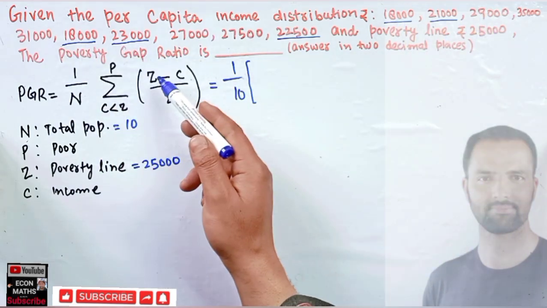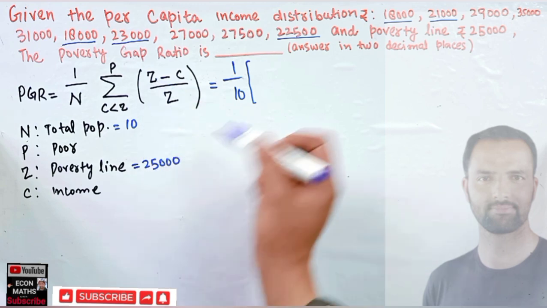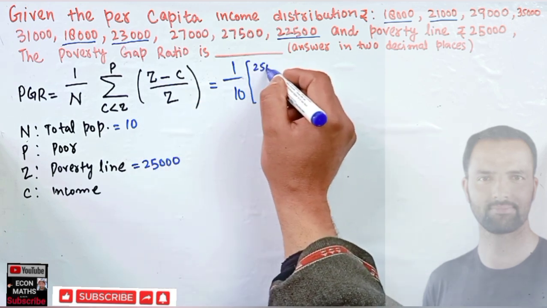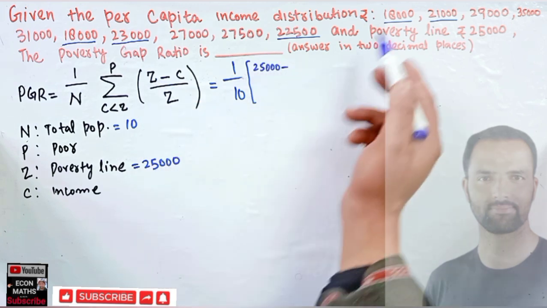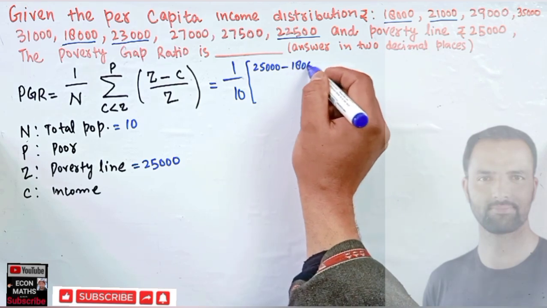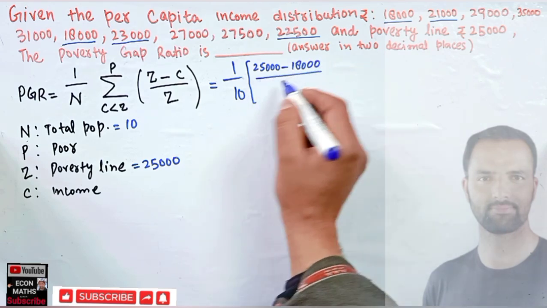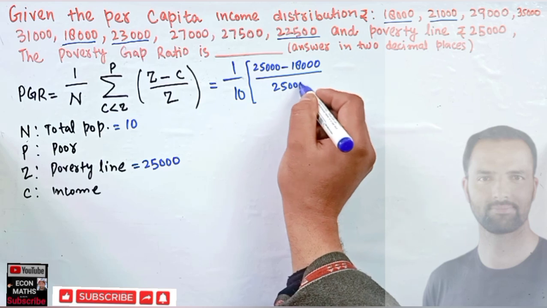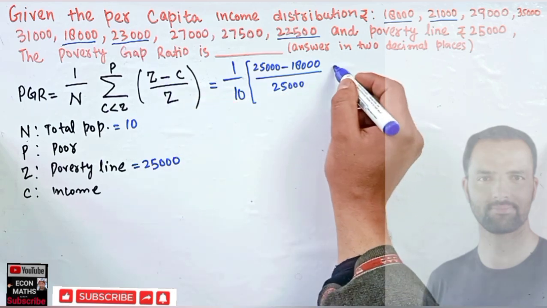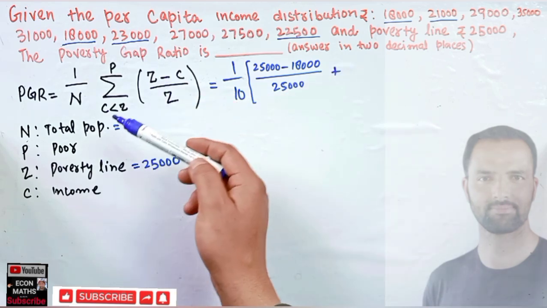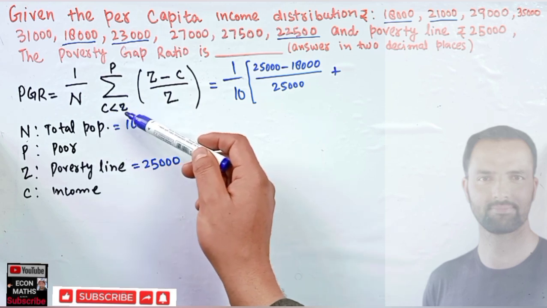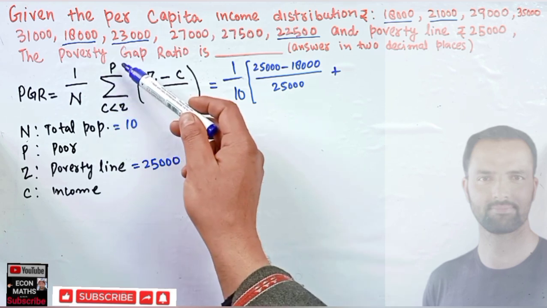So first we write Z. What is Z? Z is our poverty line, so we have 25,000, minus this 18,000, upon 25,000. I am just using this formula here, plus, since we are taking summation from C less than Z to P, and P is here 5.